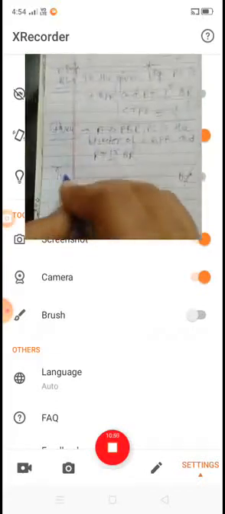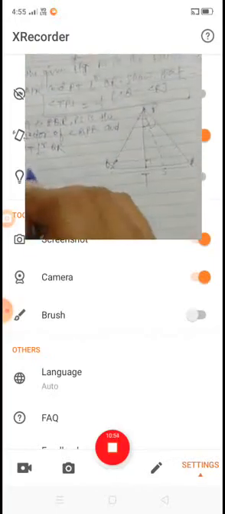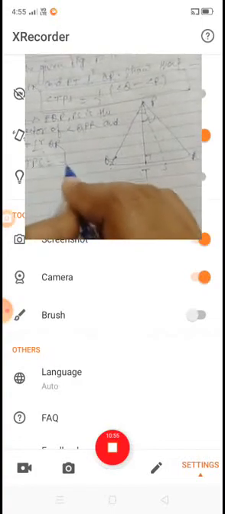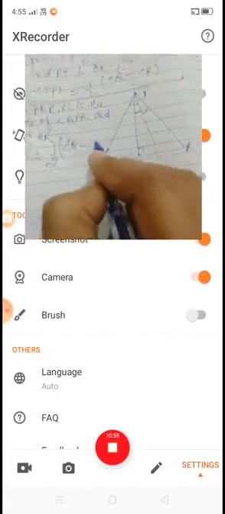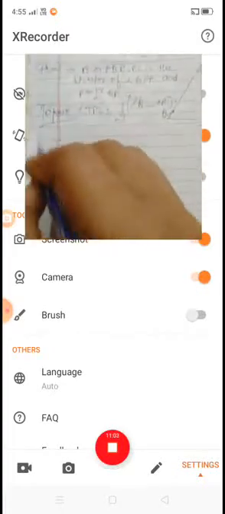Okay, to prove angle TPS is equal to half of angle Q minus angle R. Okay, now prove it.